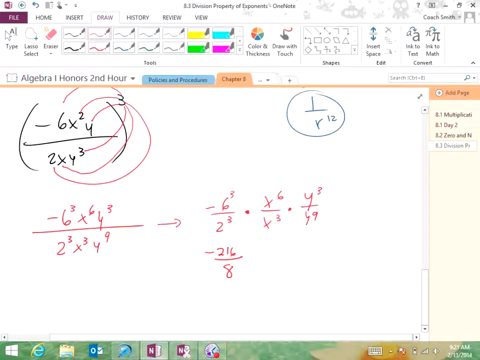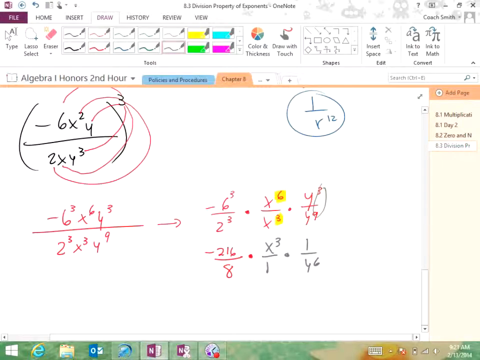And then 8 on bottom times, if you'll look at these folks right here, 6 and 3. 6 minus 3 is 3. The large one's on top, so it's x to the third over 1 times 1 over y to the 6th. All I did there is just subtract those.